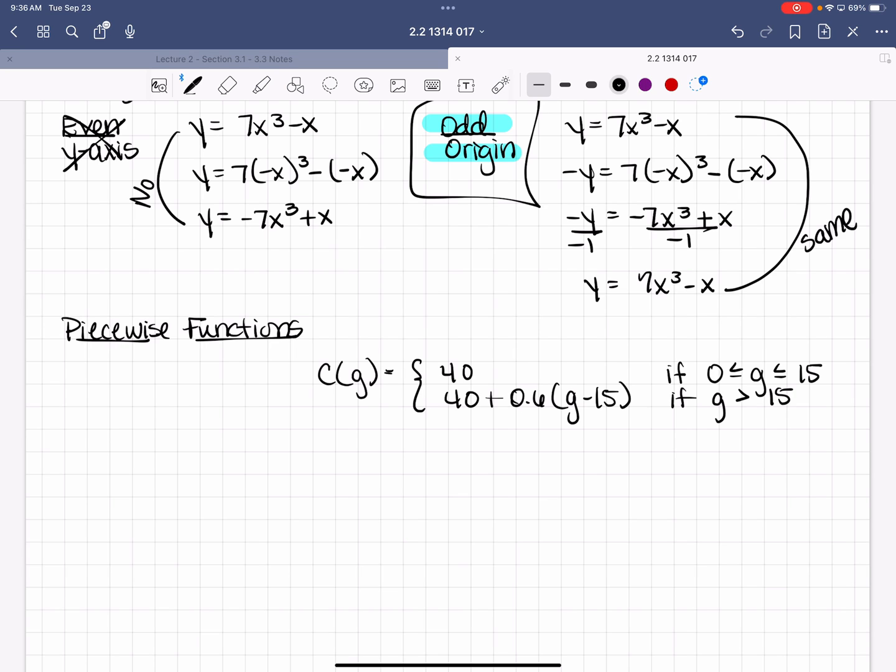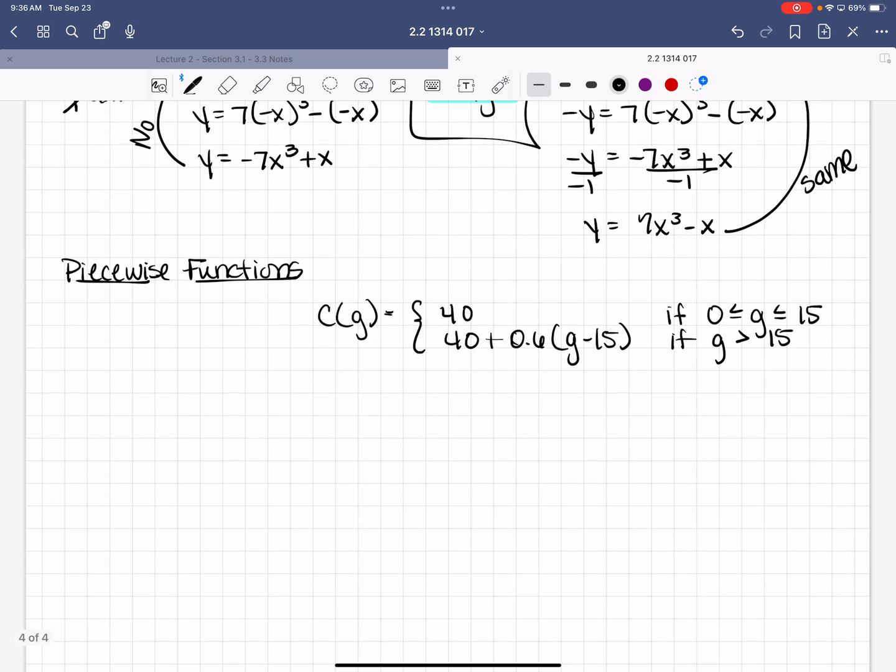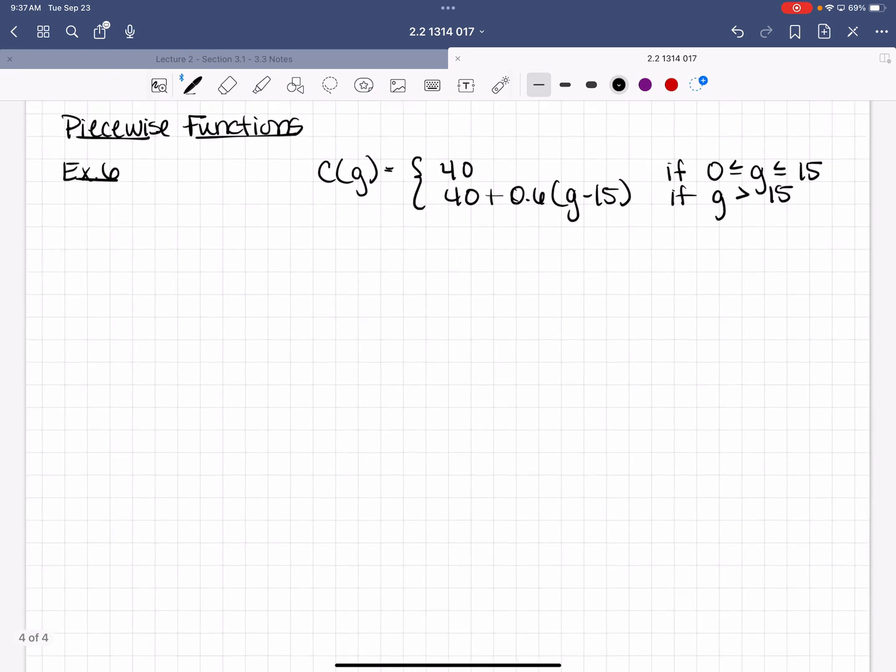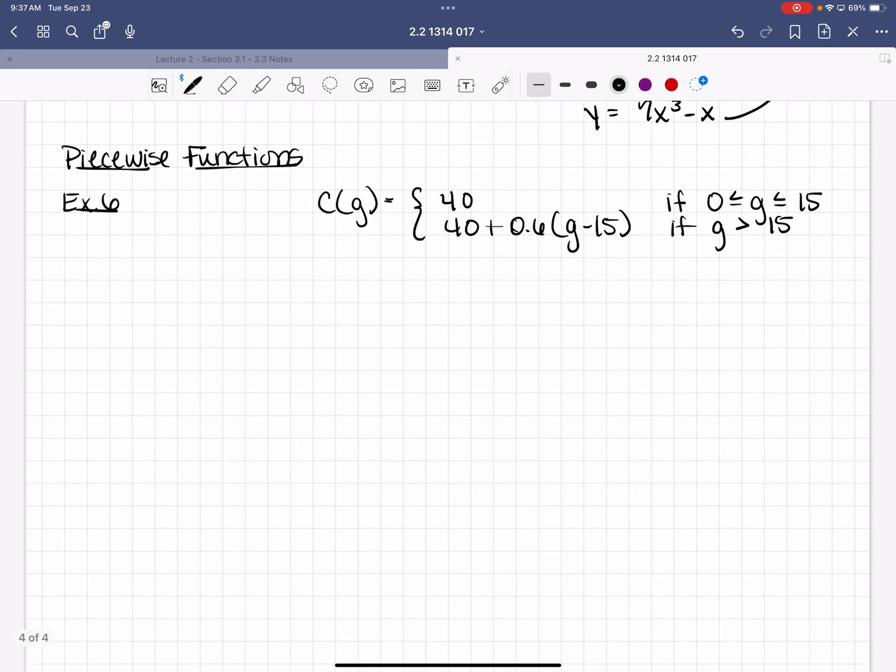Okay? So let's look. This is example 6, I think. Okay. A says we want C of 5. Well, I go over here and ask, does C of 5 fall in the first one on top, or in the bottom category?